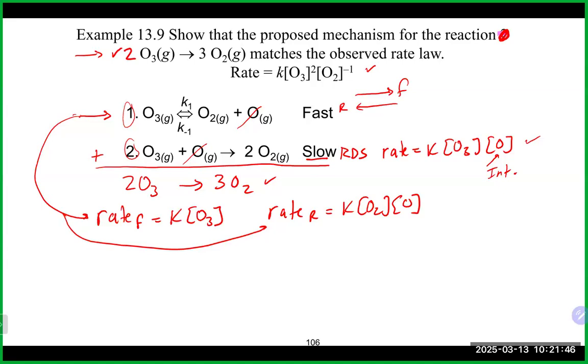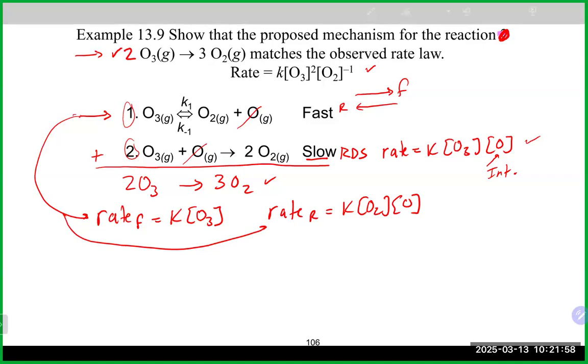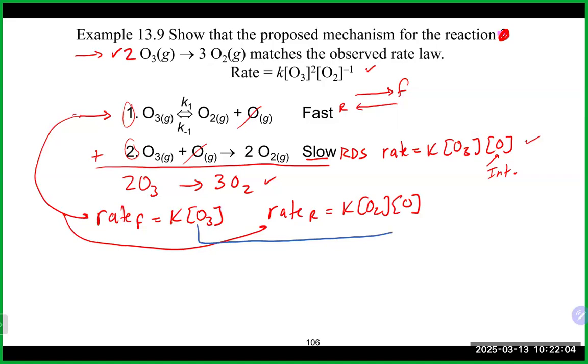At this point, much like we talked about a second ago, the rate of each of those, although we don't know them, because it's a reversible reaction, will reach equilibrium and they actually will equal each other. So that is going to allow us to set these two equal to each other. I'll put the little numbers there, 1 and -1. k1 times O3 is equal to k-1 times O2 times O. Once again, remember that ultimately we want to get rid of O in this case.